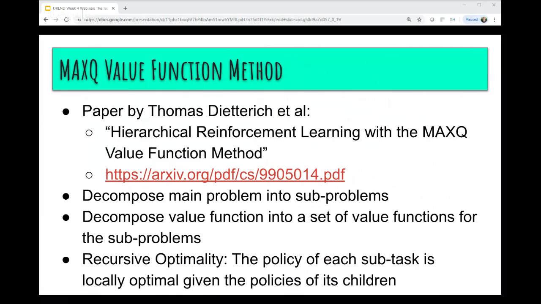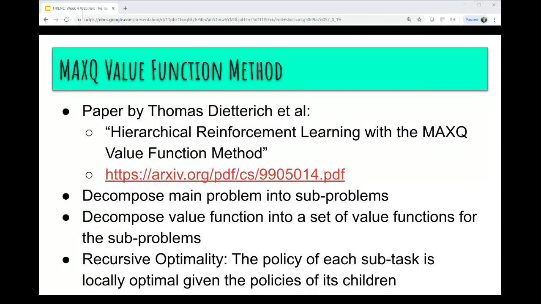And they introduced this term called recursive optimality. What they state in the paper is that their algorithm, this MAXQ algorithm, is not the optimal algorithm that could be found overall, but they do prove that it is recursively optimal, with the definition of recursive optimality being that the policy of each subtask is locally optimal given the policies of its children.